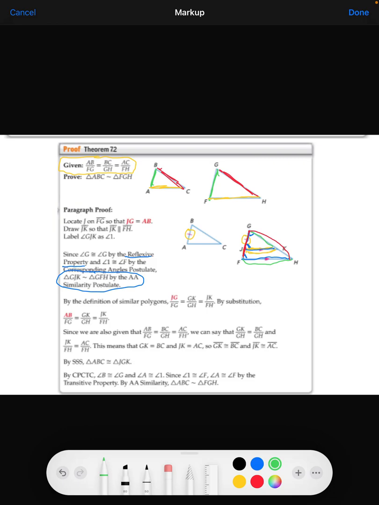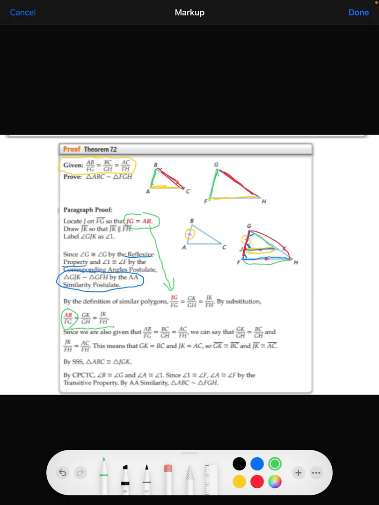So by substitution, since JG equals AB, we can plug AB in for JG. We get AB over FG equals GK over GH equals JK over FH.